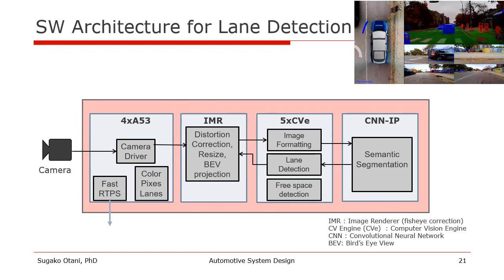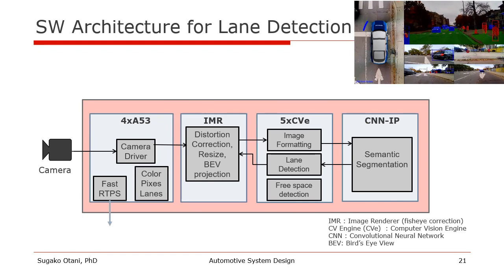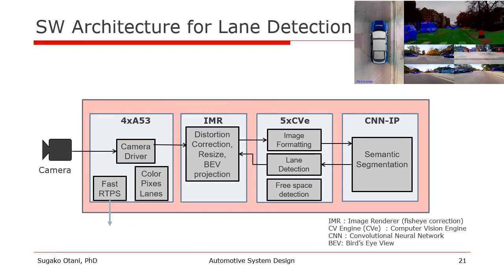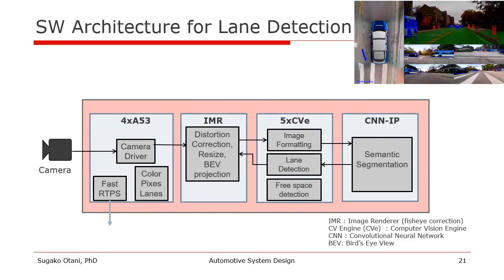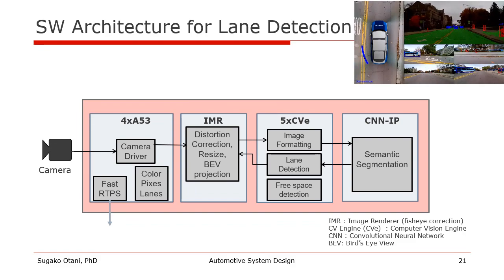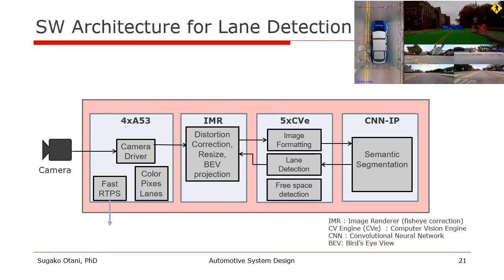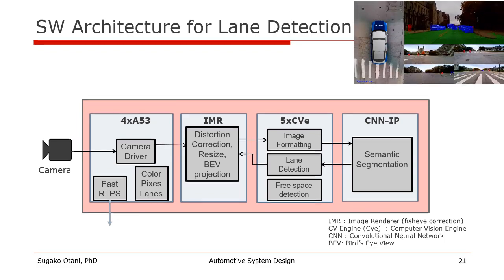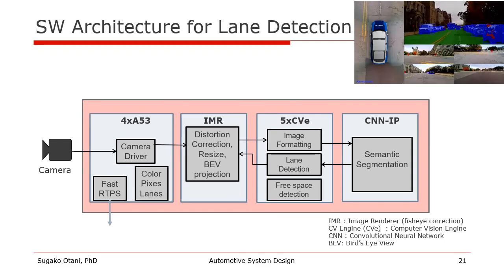The CNN IP performs semantic segmentation and then performs lane detection in CVE. The result is overlaid on the display image. These functions for autonomous driving are designed to meet the New Car Assessment Program requirements.